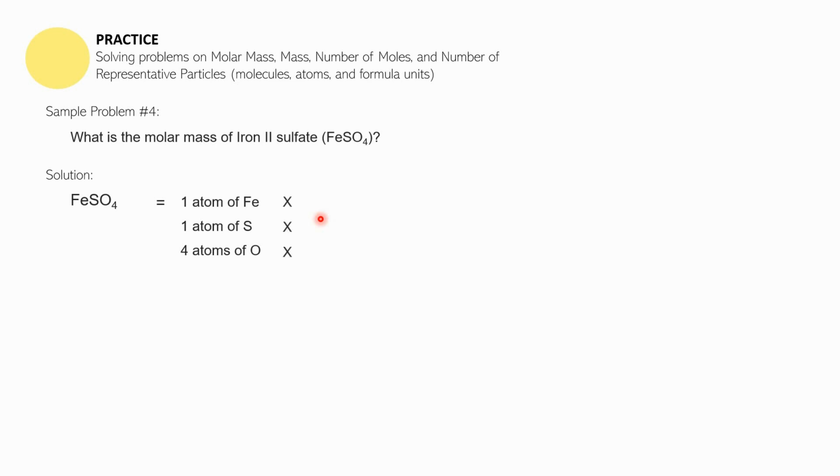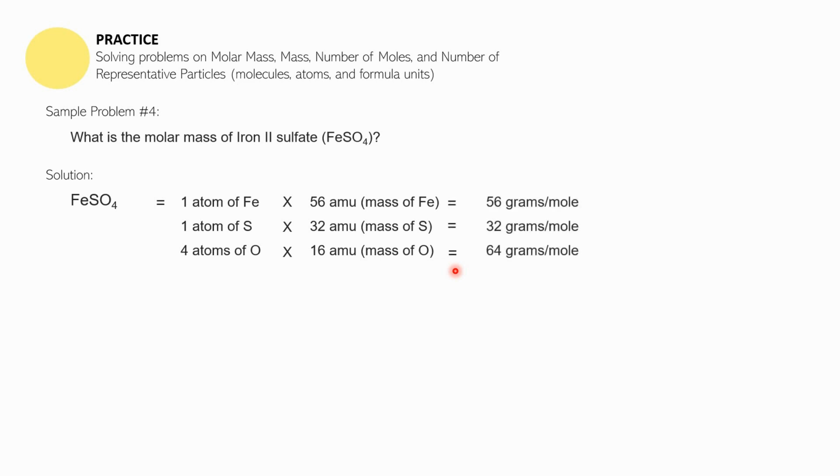Then you need to consult your periodic table for the atomic masses of these 3 elements: 56 AMU for iron, 32 AMU for sulfur, and 16 AMU for oxygen. This is quite familiar because oxygen is very common in our examples. Multiply the number of atoms by the atomic masses to get 56, 32, and 64, respectively.